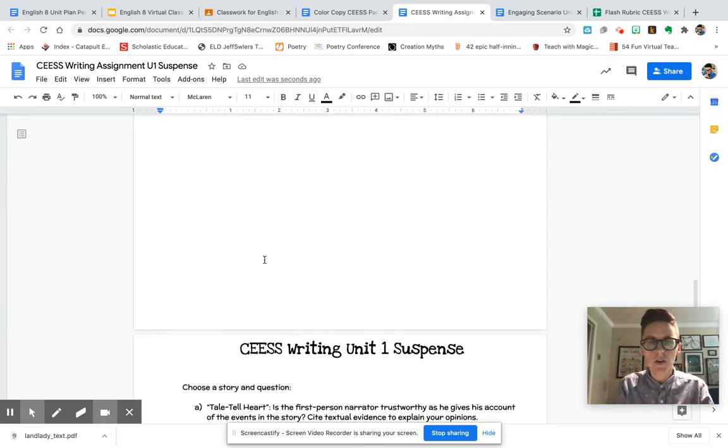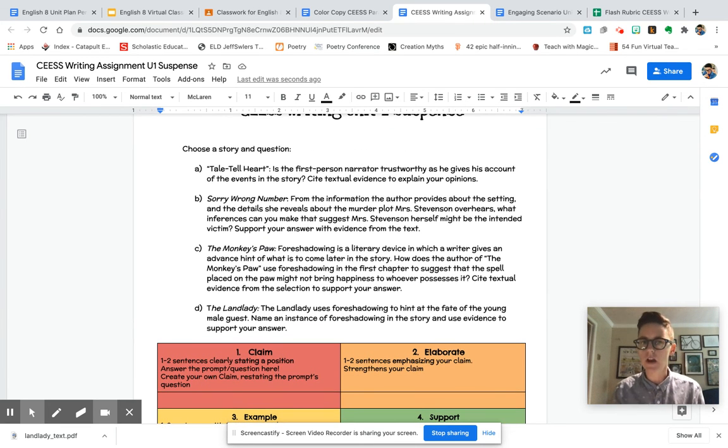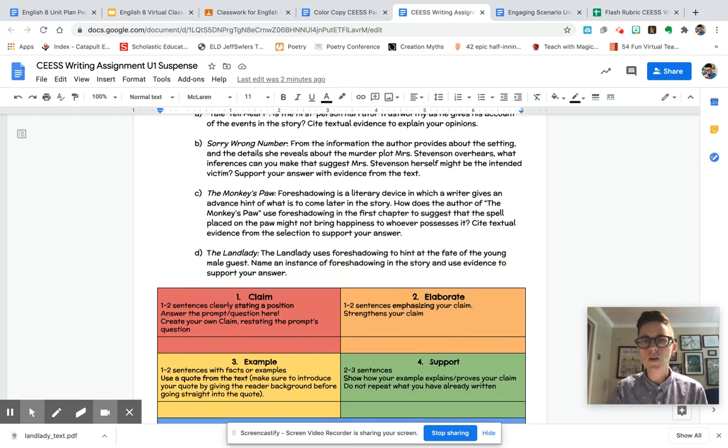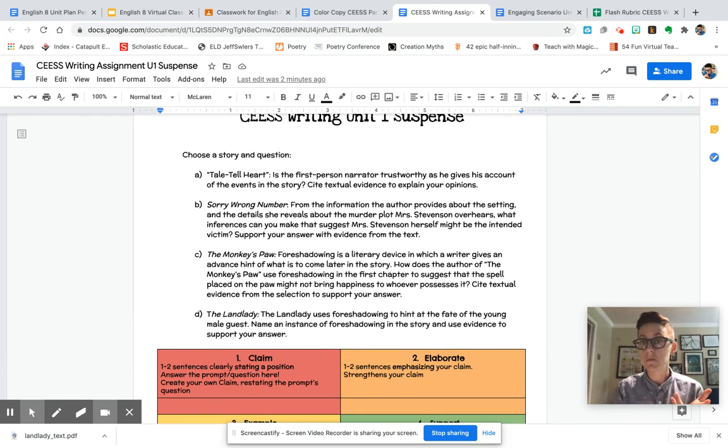Then your job, while we are reading these other stories, Telltale Heart, Sorry, Wrong Number, Monkey's Paw, and Landlady, is to pick one of these stories and write your own CEESS response to that story. So that is the assignment.